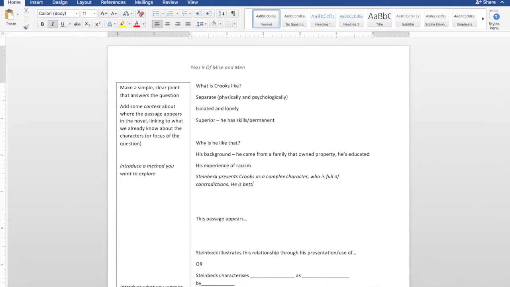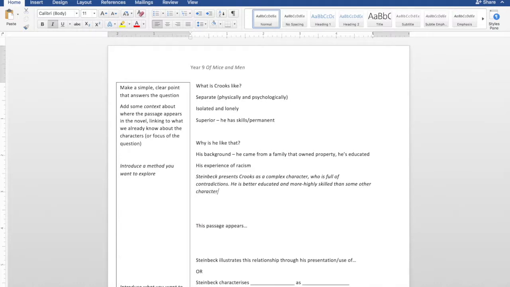He is better educated and more highly skilled than some other characters. But he's also sharp and abrasive. And mistreated.